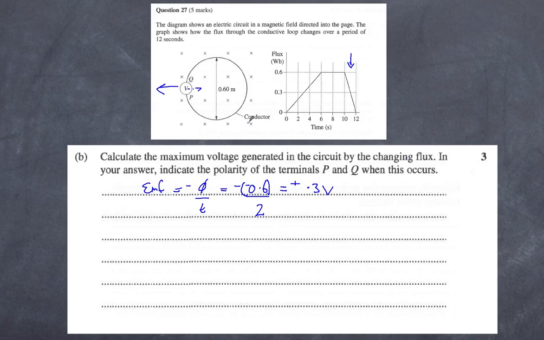Now, if you then use your hand rules to determine the direction of the EMF, then what you end up getting is the current will be going in that direction. Now, if the current is going in that direction, then you know this is going to be my positive terminal and this is going to be my negative terminal. So therefore P is negative and Q is positive.